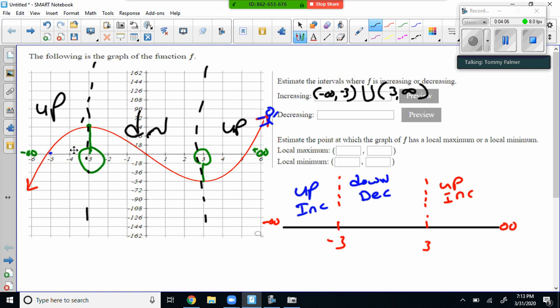So the decreasing would be from -3 to 3, and they would be parentheses. The reason they would be parentheses is because at this point that we're looking at, it's not decreasing nor is it increasing. It's a transition point. Okay, so just got to be aware of that.